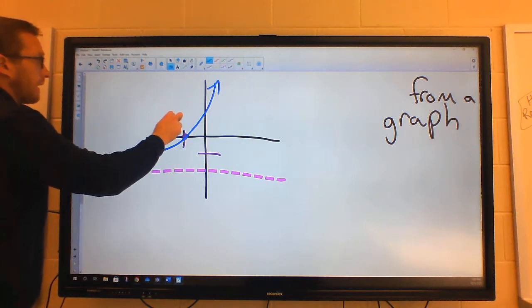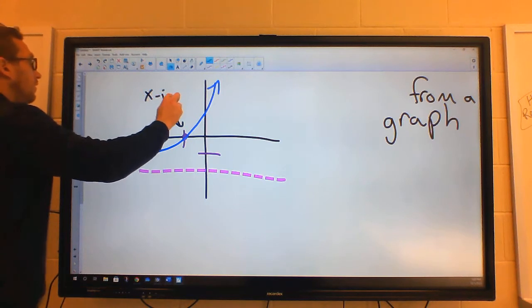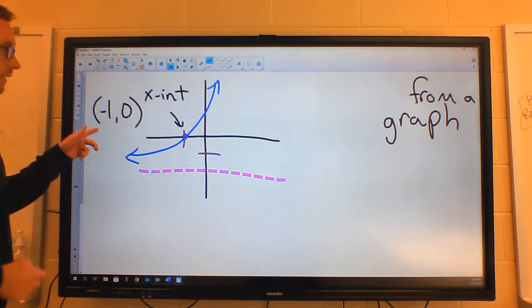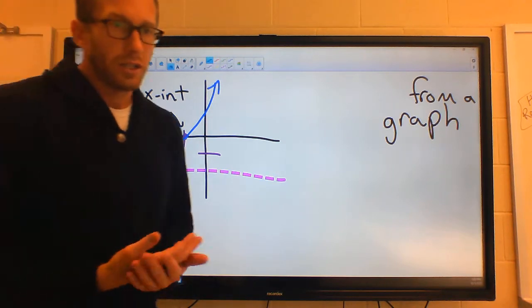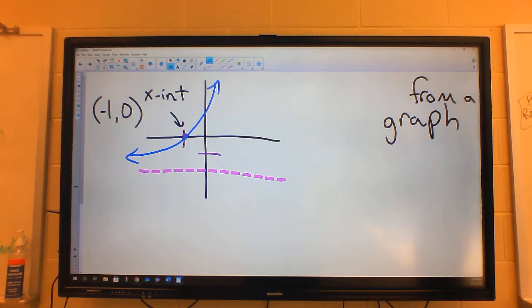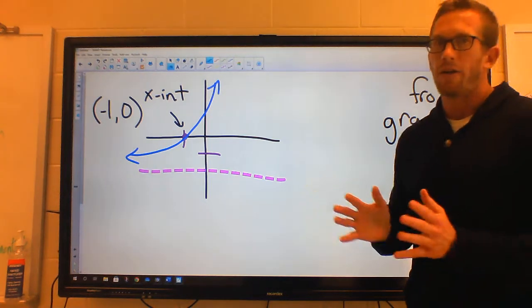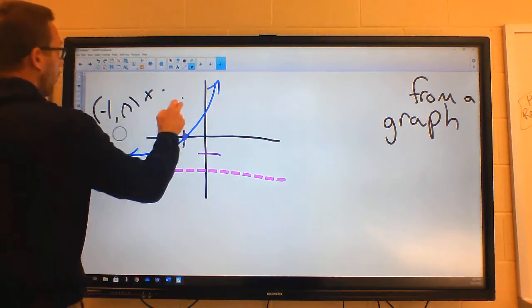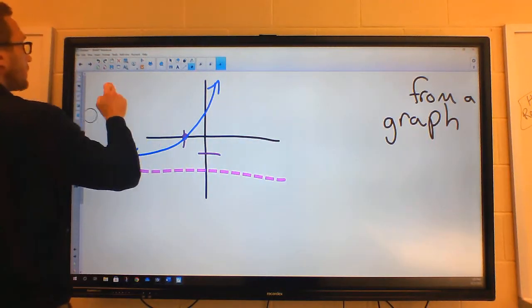Now we have an x-intercept, and that would be, again, the coordinate with now a height of 0. So again, just a counting concept. Very easy to do. But what does the x-intercept tell us?